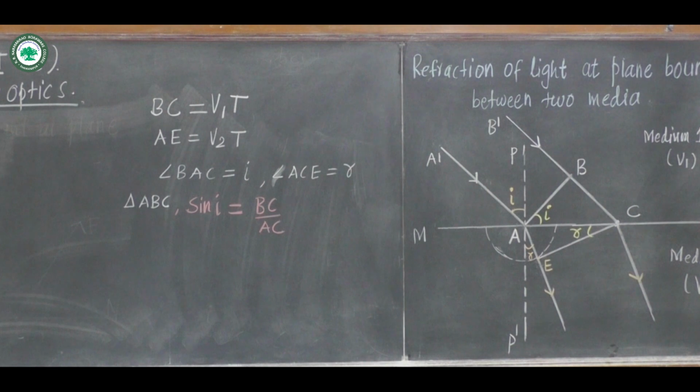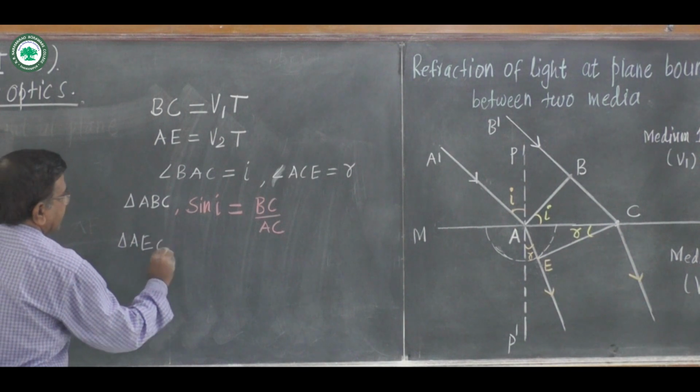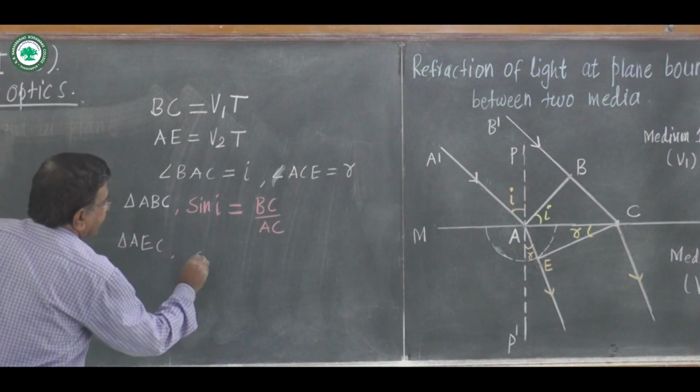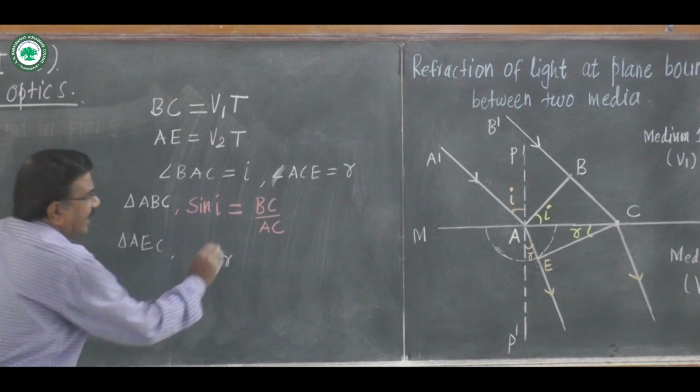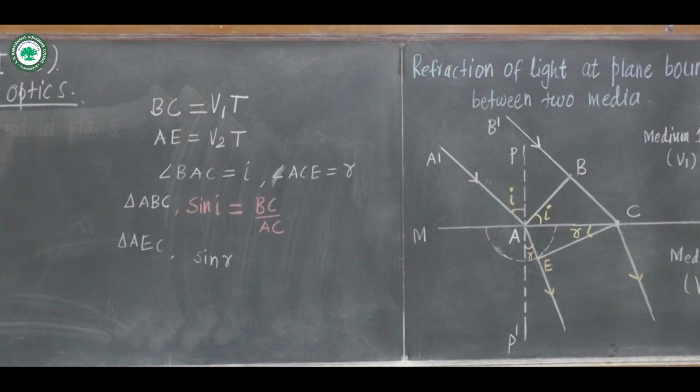Now consider triangle AEC. In this triangle, sin R is AE upon AC.